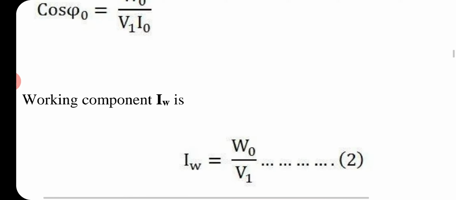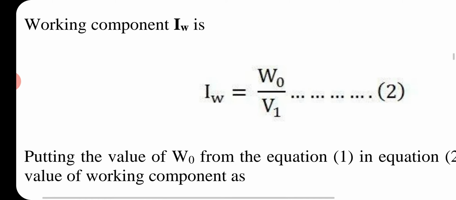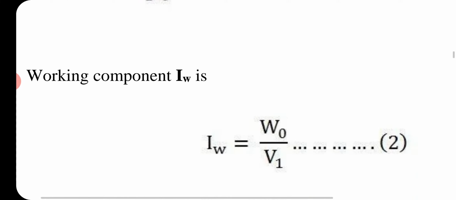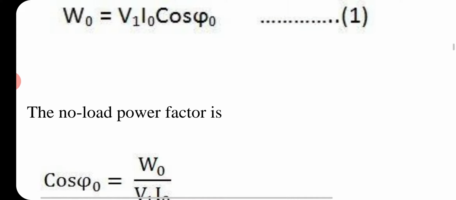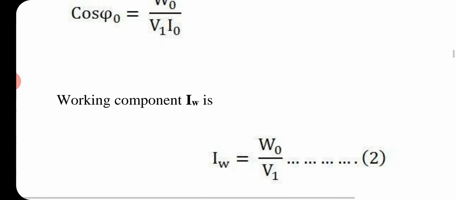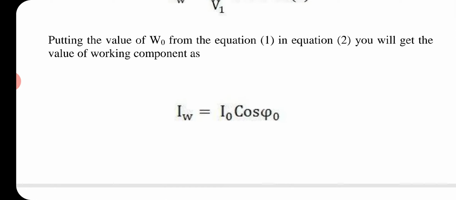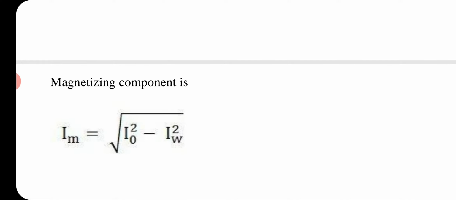Now we know that the working component is IW, and IW is W0 upon V1. So putting the value of W0 from equation 1, we can write it mathematically as IW = I0 cos φ0, and the magnetizing component is IM = √(I0² − IW²).